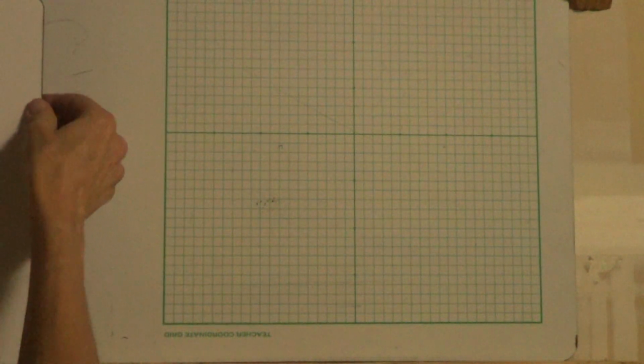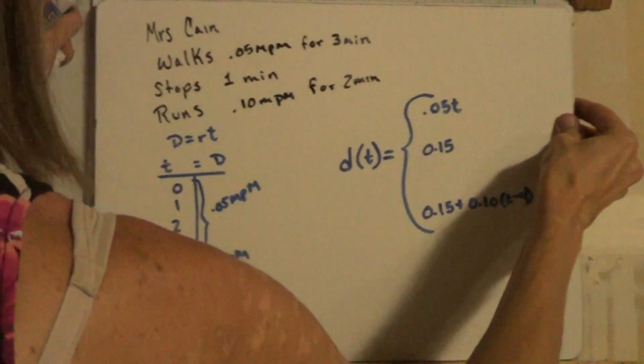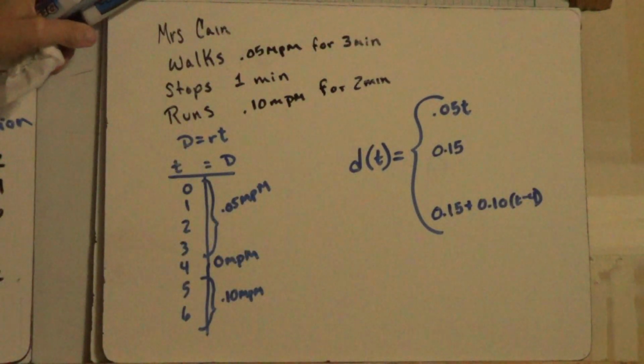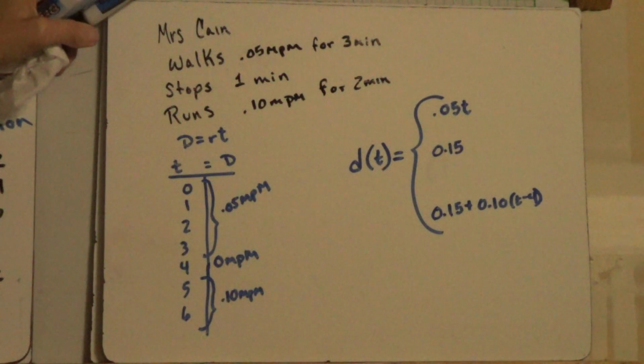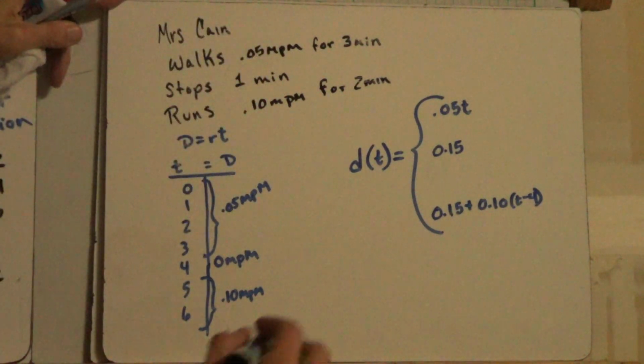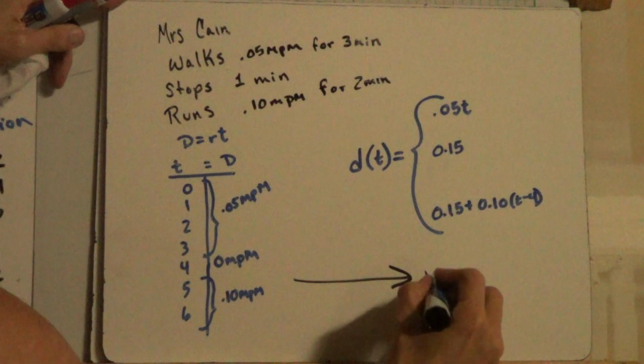Now let's look at my word problem. Mrs. King walks 0.05 miles per hour for 3 minutes, stops 1 minute, and then runs 0.10 miles per hour for 2 minutes. So we could make this into a piecewise function. Distance equals rate times time. You always graph time on your x-axis.